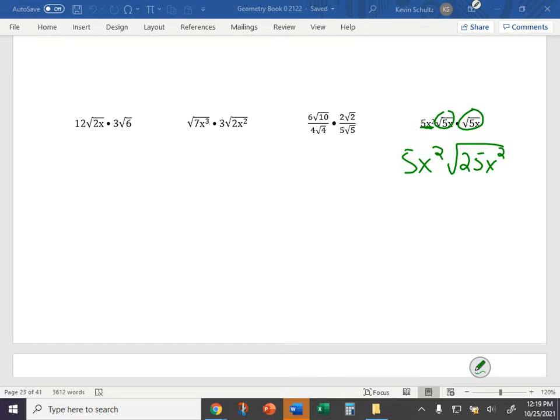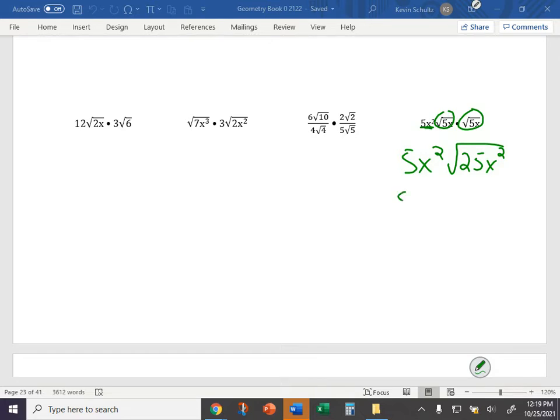And we look at that root 25x squared and we realize what? Yes, we have simplified it, but what do we see? 5 can go into 25. 25 is a perfect square. And the x squared is a perfect square also, right?